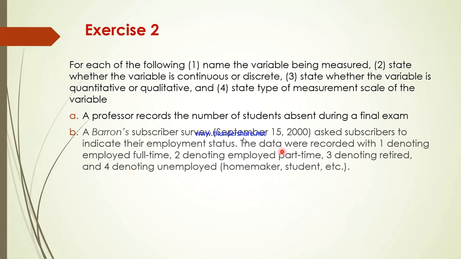Is full-time better than part-time, or is part-time better than homemaker or student? We cannot make a meaningful comparison, right? If the perfect measurements are known, then we can compare. But in this case, we cannot get a meaningful comparison. So it is a nominal scale of measurement, right? Okay.